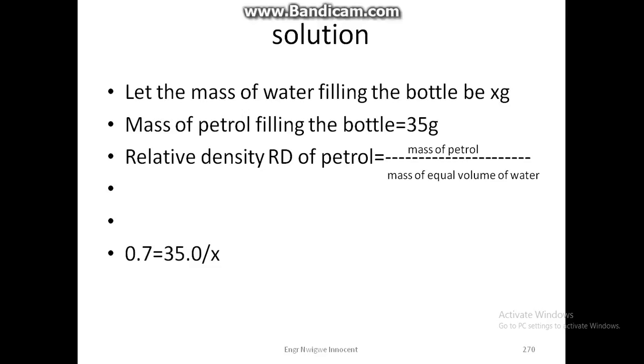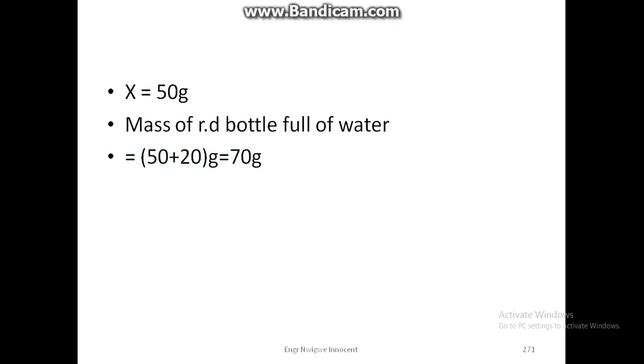Replacing the unknown values, 0.7 equals 35 over x. Making x the subject, we cross multiply: 0.7 times x equals 35.0, so x is equal to 50 gram. Mass of the relative density bottle full of water is 50 plus 20, which gives 70 gram.